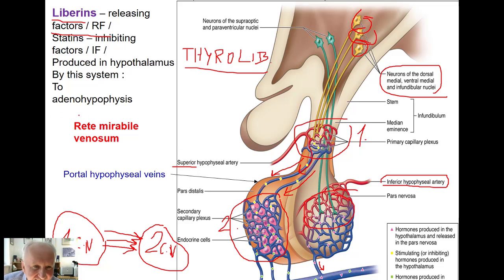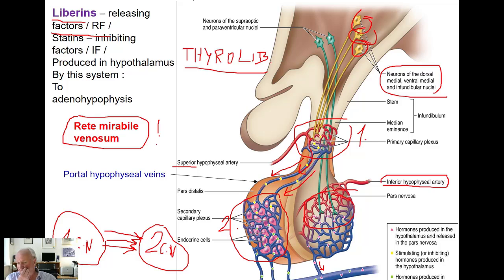Older histologists even gave a name for this, rete mirabile venosum, a miracle net of veins in the hypophysis. An interesting but very nice historical name for this simple system of very short portal veins between one capillary net and the second capillary net.